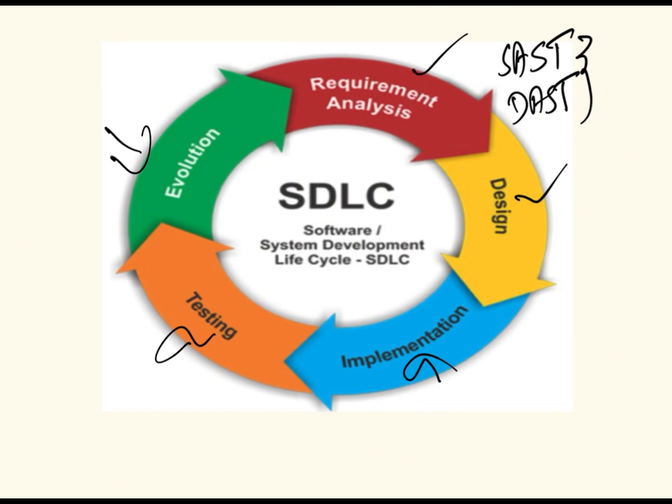SDLC phase: SAST runs in the design and build phase, and DAST in the test and production phase. For SAST, the test type is white box testing, but for DAST, black box. SAST finds coding flaws and DAST finds runtime flaws. CISSP role: SAST is a preventive control and DAST is a detective control.